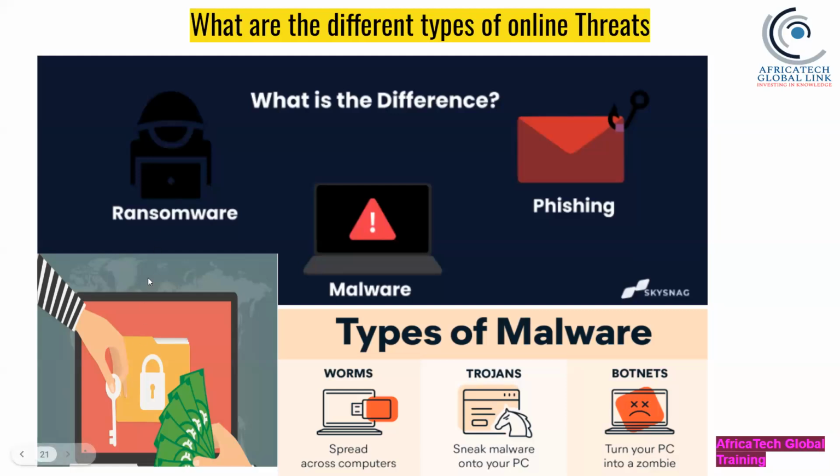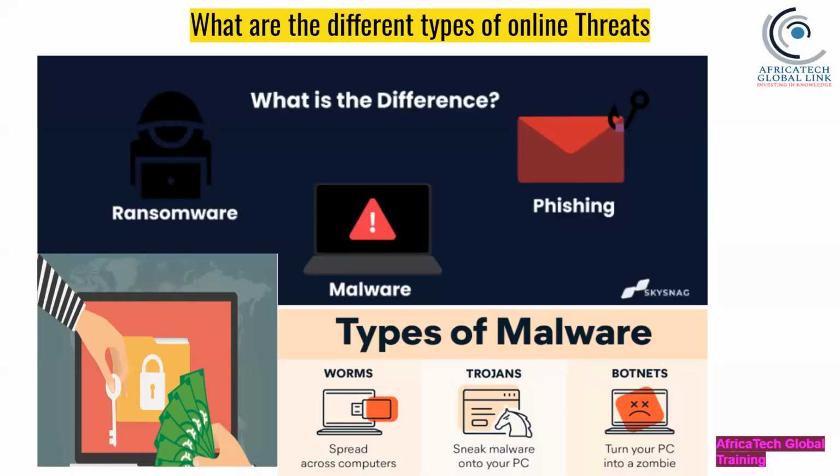When you see this picture here, you know that ransomware locks your computer, and now they are asking for what? Money. They're asking for something. What are the types of malware? We have worms, Trojans, and botnets. Those are words in cybersecurity that you should know.